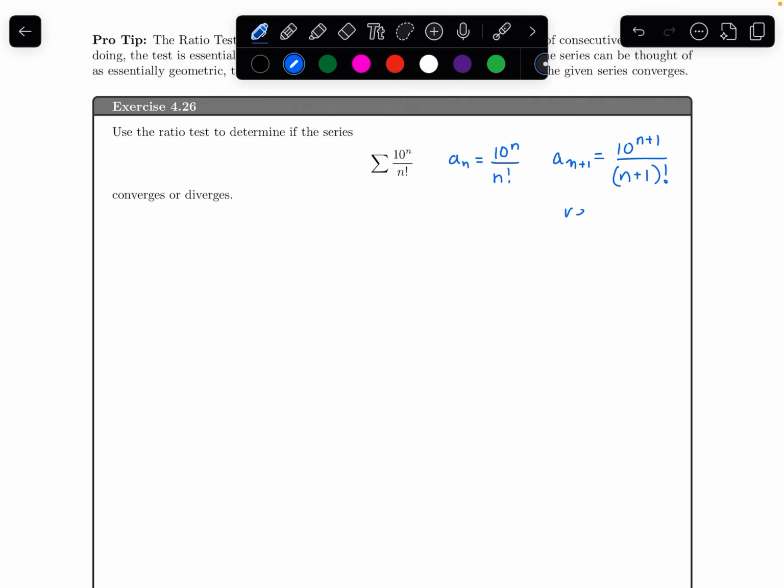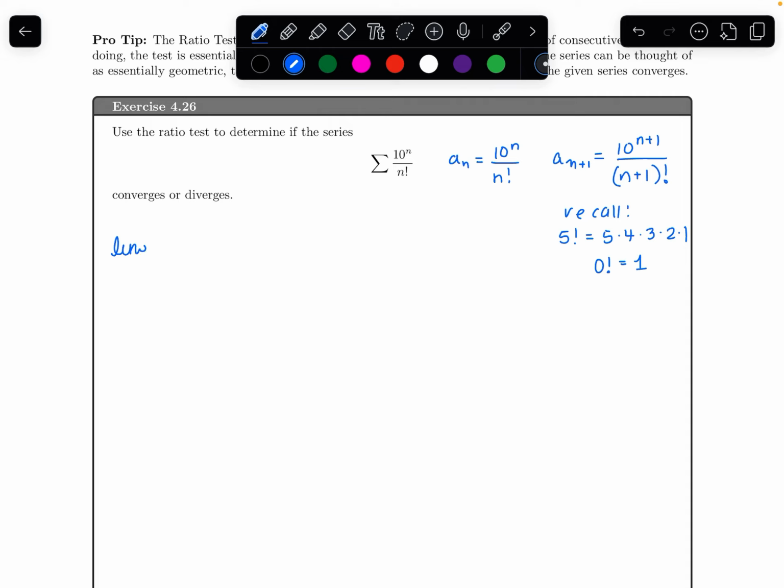Just to recall, it's been a while since we've talked about factorials. 5 factorial is the same as 5 times 4 times 3 times 2 times 1, right? We multiply all the values down from 5, and 0 factorial is always equal to 1. So let's jump into this.